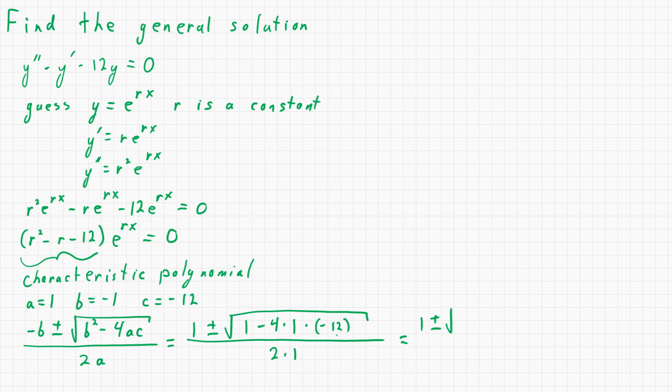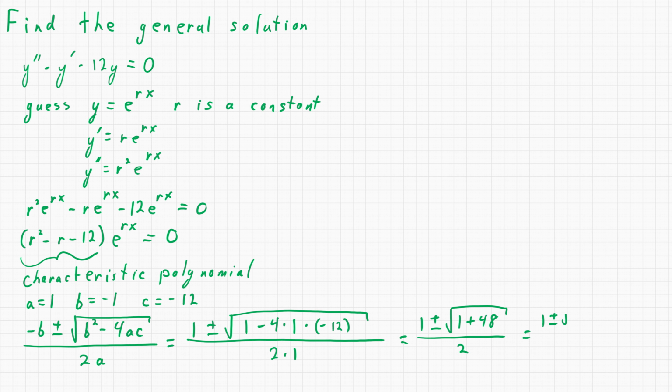Negative 4 times negative 12, that ends up being positive 48. So I have 1 plus 48 over 2, which is the square root of 49.